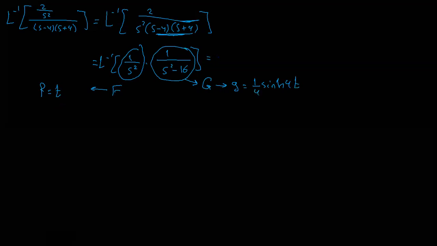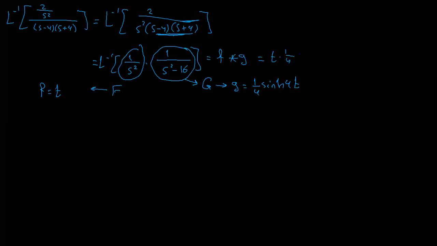The rule says to find the convolution between f and g. So it equals the convolution between t and 1 over 4 sinh 4t, which is 1 over 4 outside, integral from 0 to t, tau sinh 4 of t minus tau d tau.